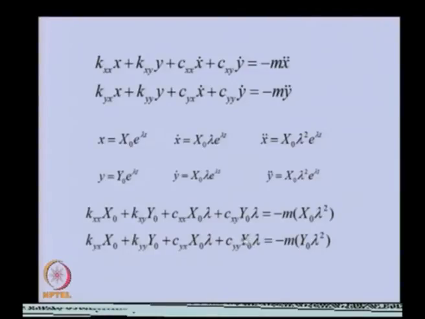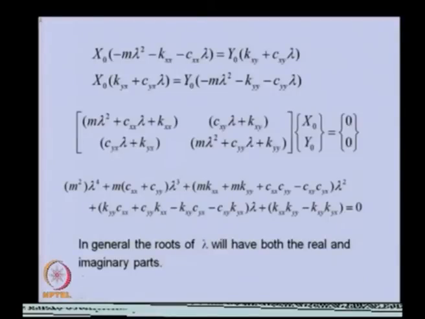Now, we can write them in a more compact form like this. All the x terms are collected in one place and y in another place. So, these two equations we will get, basically they are homogeneous equations. We can put them in a matrix form like this, and because this is homogeneous, for a non-trivial solution the determinant of this should be 0.